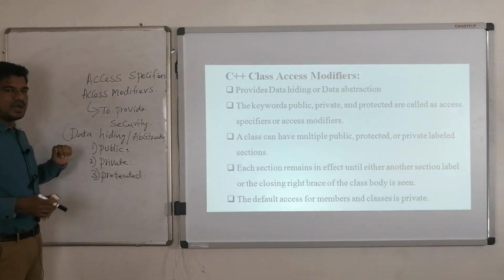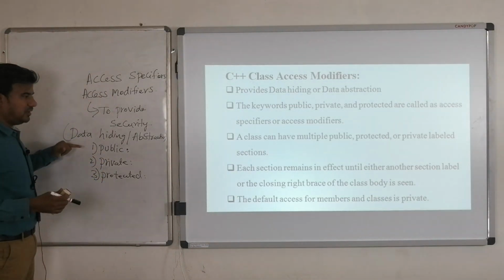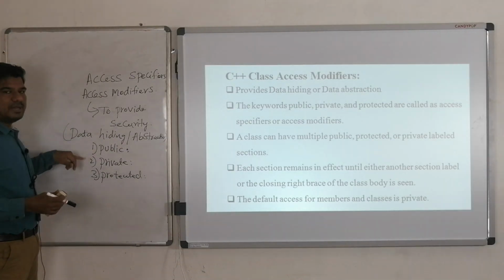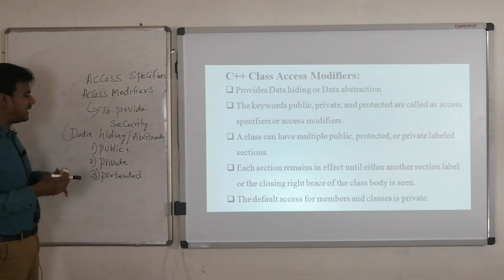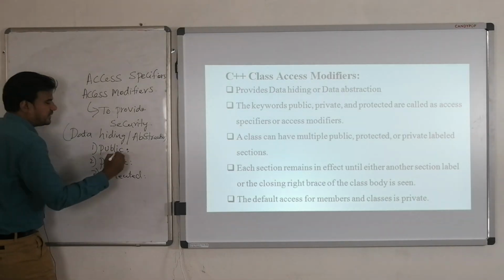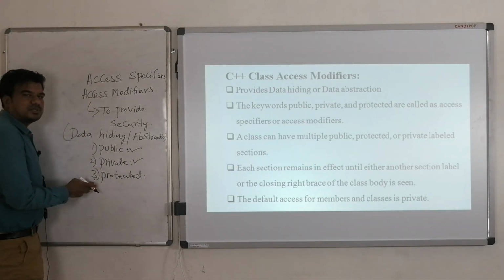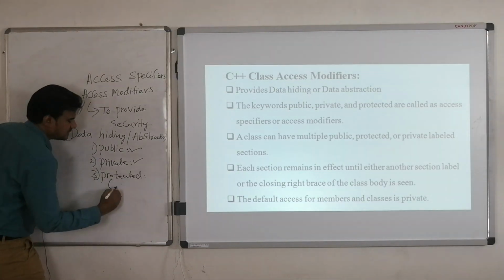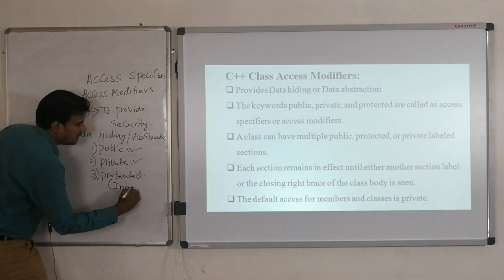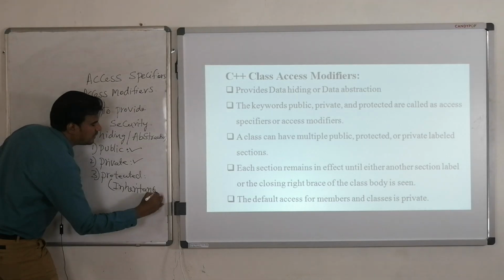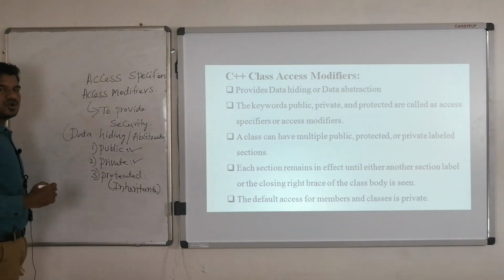Here we'll see only public and private access modifiers. When it comes to protected, it is something related to the inheritance concept. Inheritance is also one of the object oriented concepts.